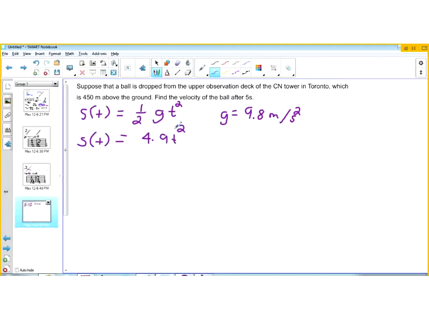And of course, the final position would be 450 meters from the guy dropping the ball. All right, so now, what is velocity? There are two kinds of velocity. We have what's called average velocity, which is something we're most accustomed to. So let's define a parameter called average velocity.